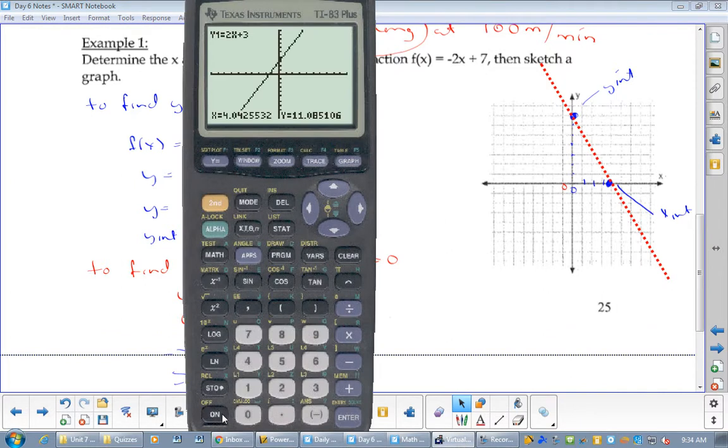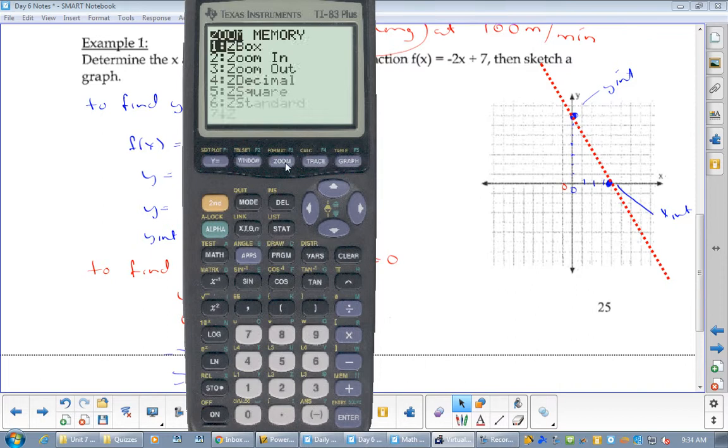I'll prove it, just because I feel like playing with my little calculator here. Negative 2x plus 7, zoom 6. Ta-da! And watch this. Trace, 0 equals, see? When x equals 0, y equals 7.